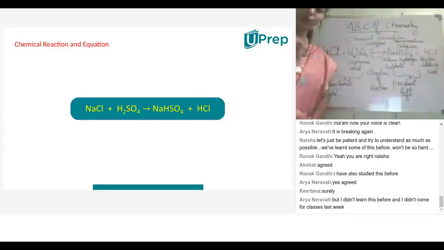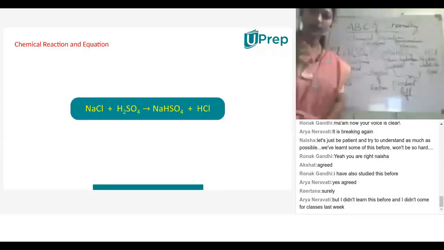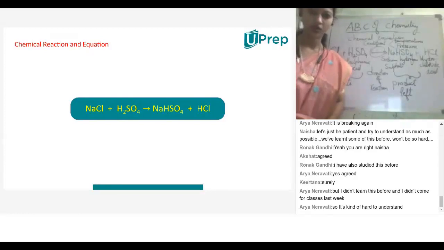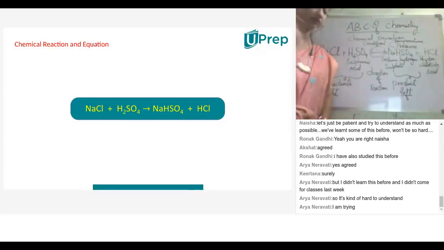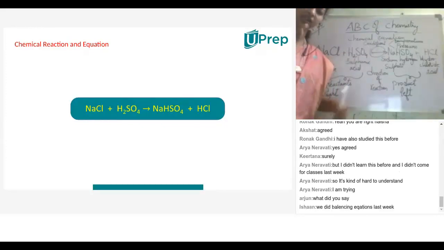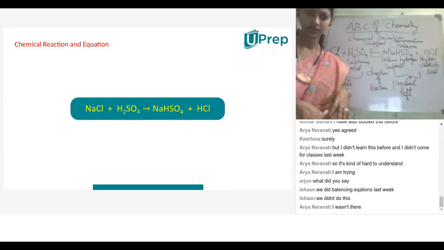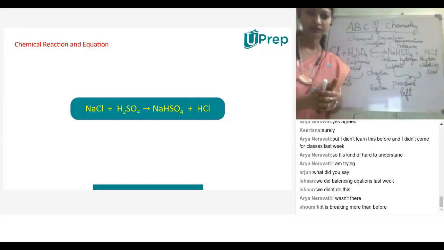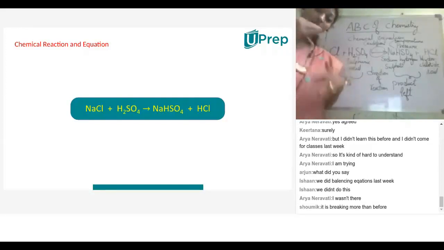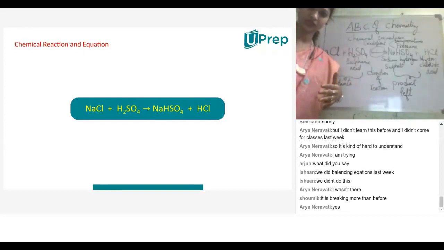For example, when we bake a cake in a microwave oven, it requires some temperature. Is the same temperature required for all? No, ma'am. In the same way, some reactions can be done only at room temperature, some below room temperature, and some above it. Understood? Yes, ma'am.